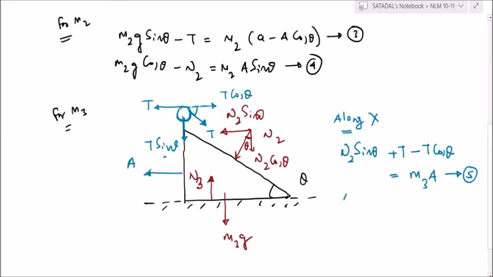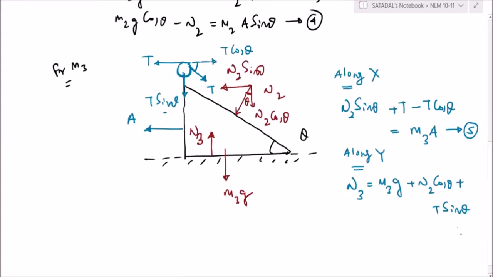Correct? Along y, N3 is equal to M3G plus N2 cos theta plus T sin theta. Equation number 6. That's it.